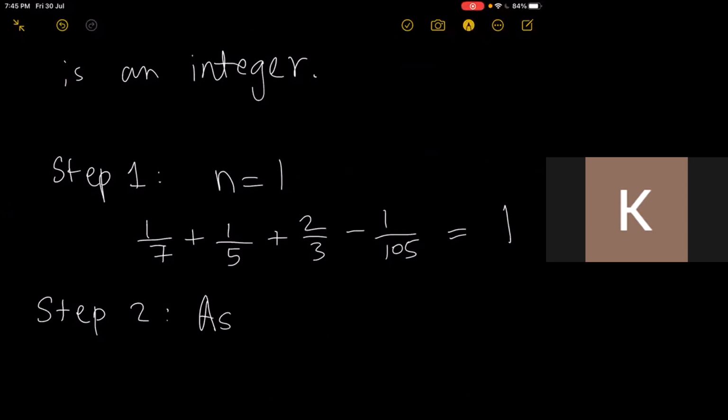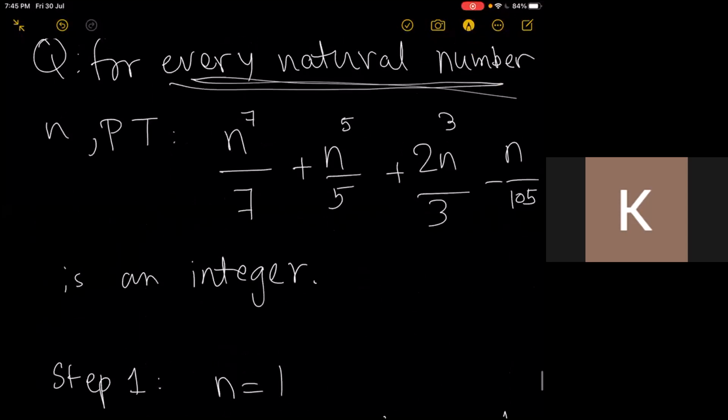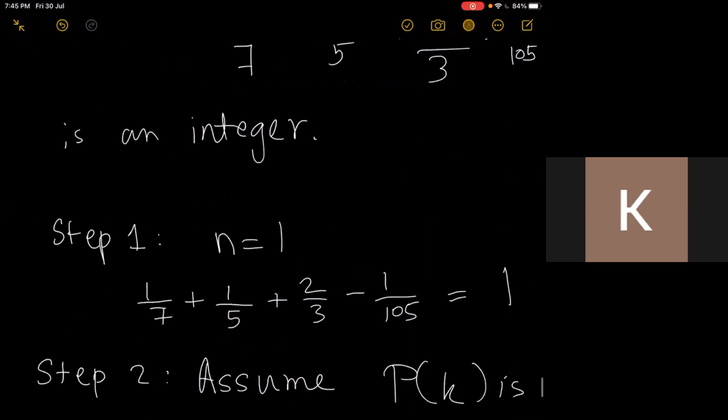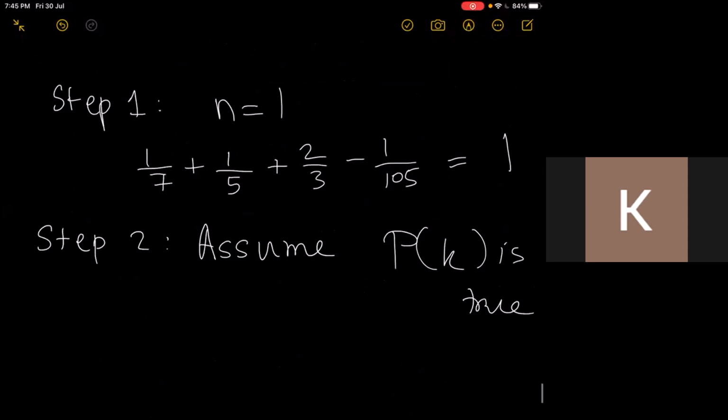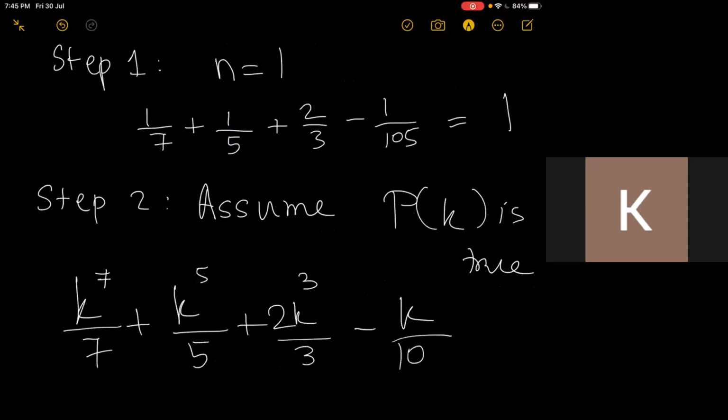So step 2 is, assume it is true for k. Assume Pk is true. What is Pk? k to the power 7 by 7 plus k to the power 5 by 5 plus 2k cubed by 3 minus k by 105 is some d, where d is an integer.